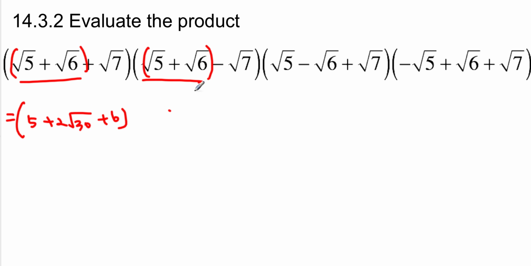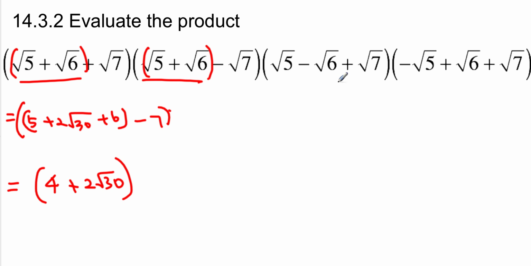That's the square of the red expression minus the square of the square root of 7, which is simply 7. So the first part becomes 5 plus 6, which is 11, minus 7 becomes 4, plus 2 radical 30. That becomes the first expression.